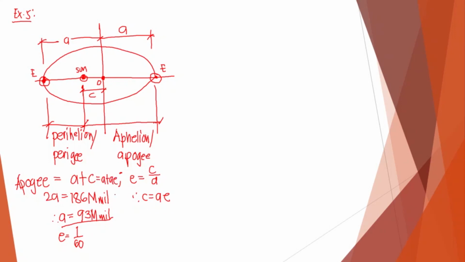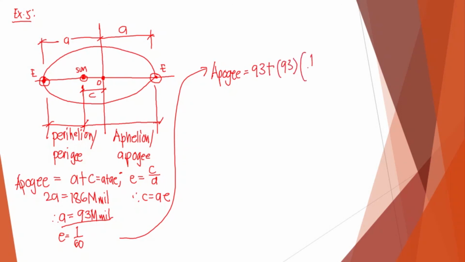So 93 plus 93 times 1 over 60. Therefore the apogee is equal to 94.55 million miles.